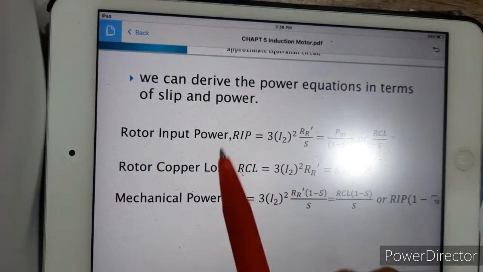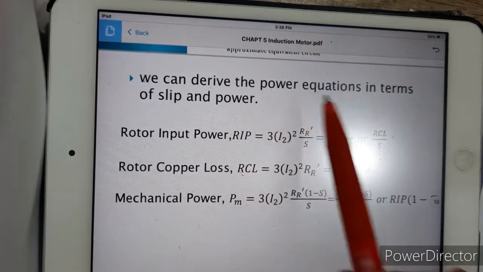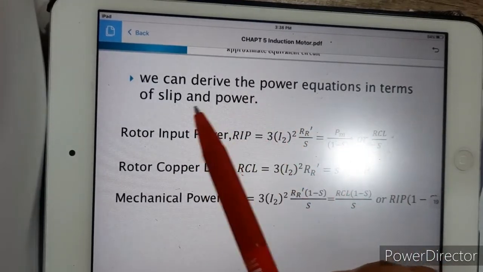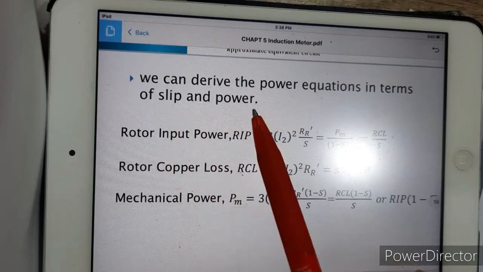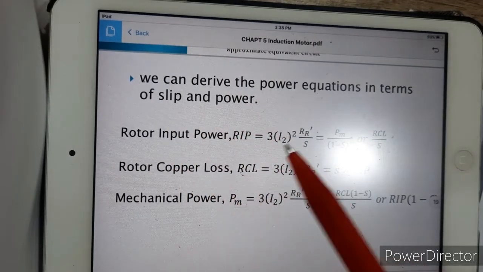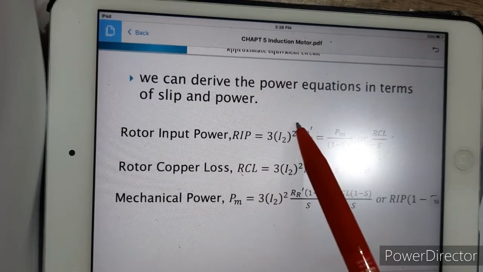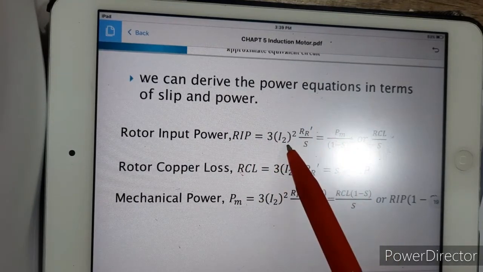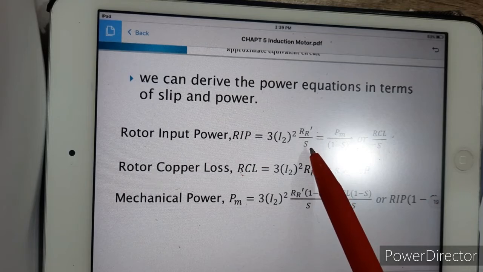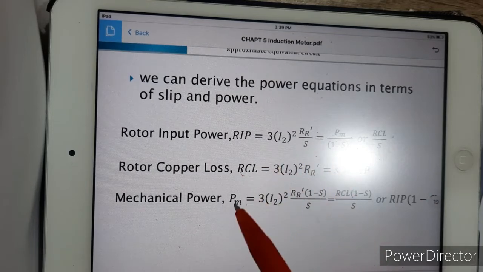Next, we can derive the power equations in terms of slip and power. Slip is S, and the power is the other power. For example, we have the rotor input power. The original equation is I2 squared R prime R over S, but we can relate it to PM.